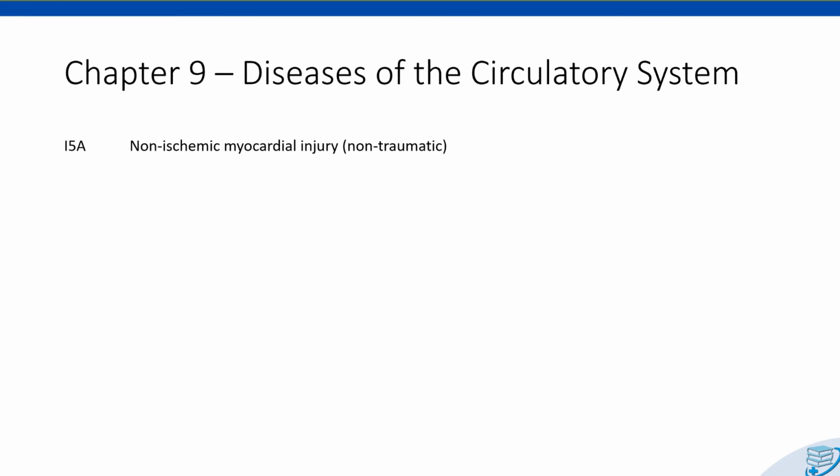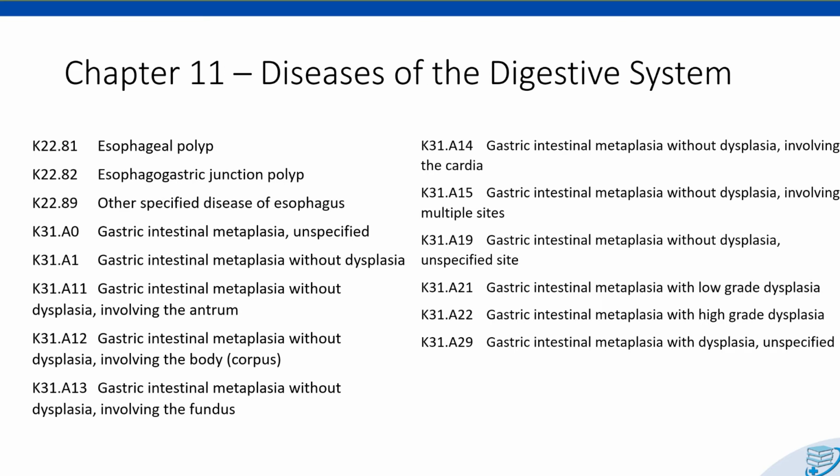Chapter 9, diseases of the circulatory system, has added I5A, which is non-ischemic myocardial injury. We had quite a number of changes to Chapter 11, diseases of the digestive system. ICD-10 had classifications for non-adenomatous or hyperplastic polyps, but there weren't unique codes for esophageal polyps or esophagogastric junction polyps.